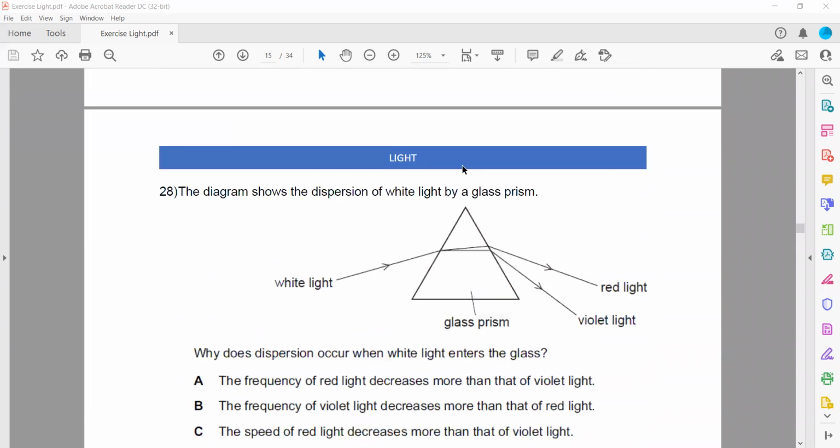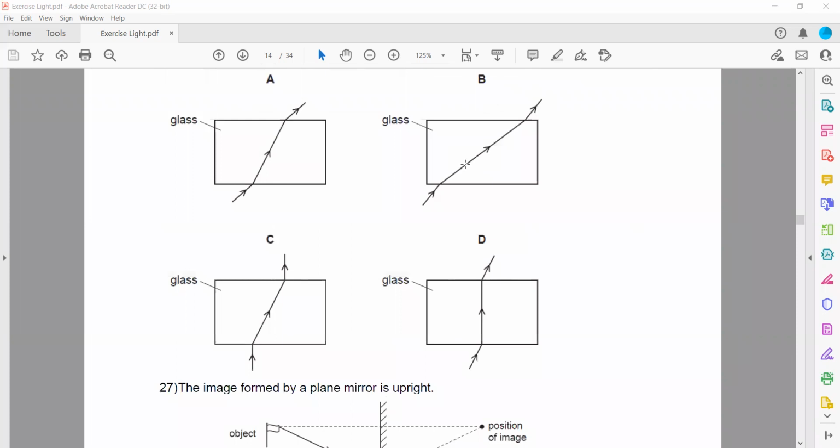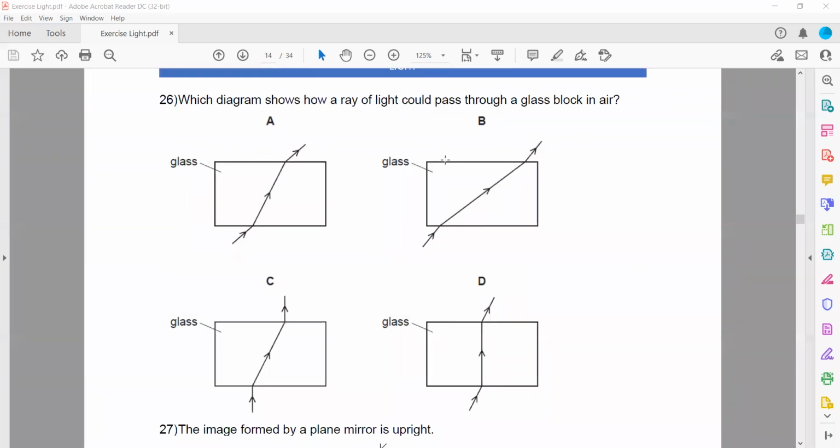Why is B wrong? Because as you can see in B, when we draw the normal, the perpendicular, this is the direction in which the ray is entering. So when it moves from air to glass, it should bend towards the normal because the speed decreases.